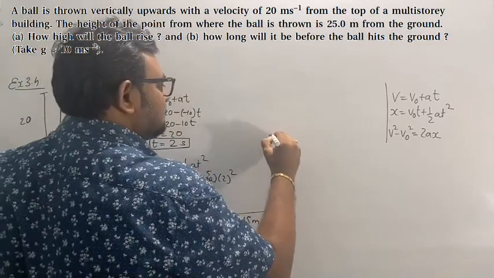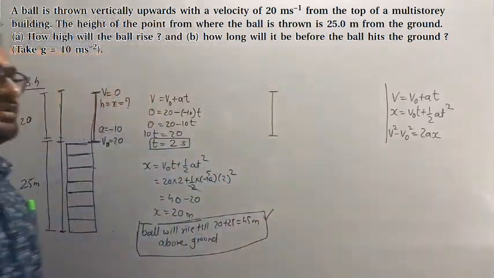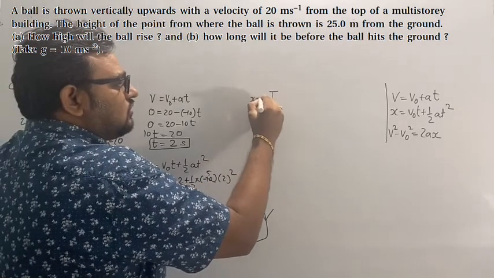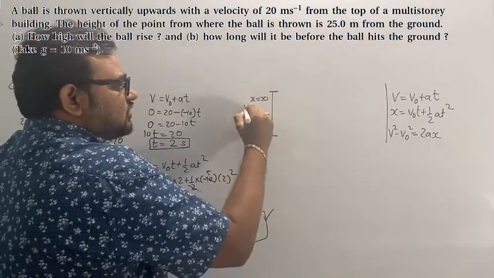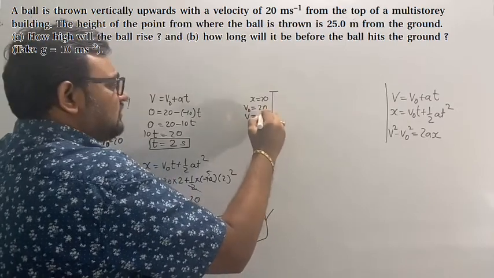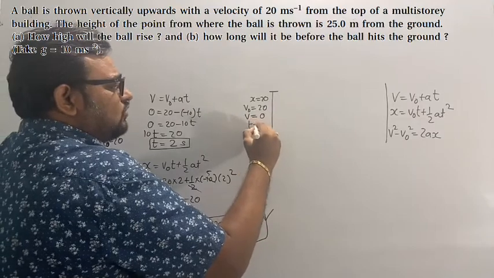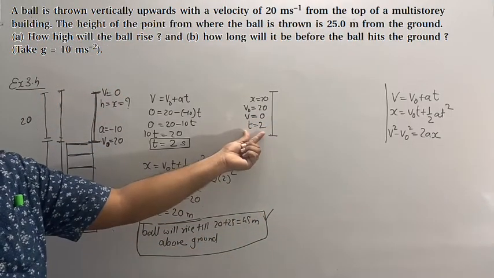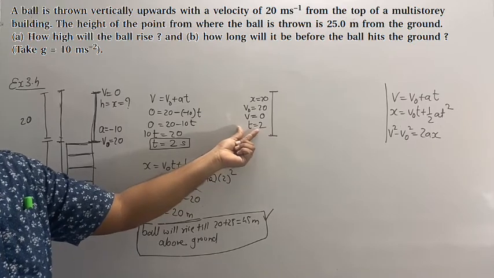From this to this, which quantities am I having? I am having height x equal to 20, v0 equal to 20, final velocity equal to 0, time equal to 2 seconds. I already got the time, 2 seconds, right? So now what is my aim?